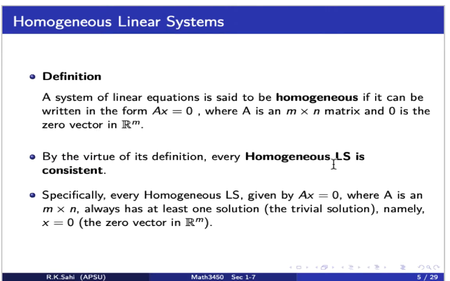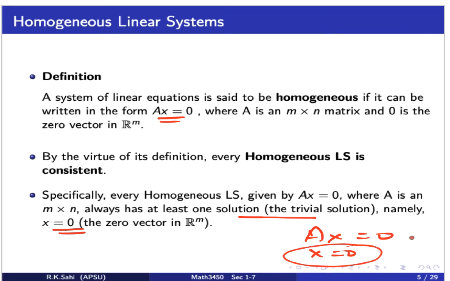By virtue of its definition, every homogeneous linear system is consistent. And the solution which makes it consistent is the trivial solution, which basically means the zero vector. Because when you plug in x equal to 0 in Ax equal to 0, by default the homogeneous equation is going to have a solution.